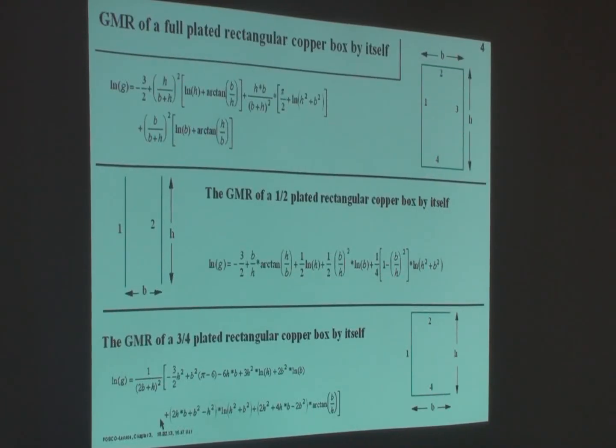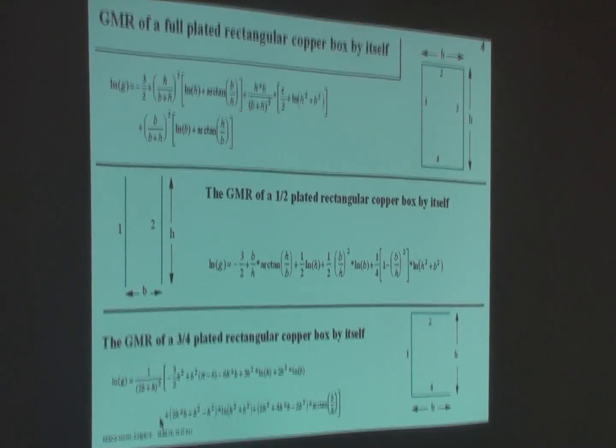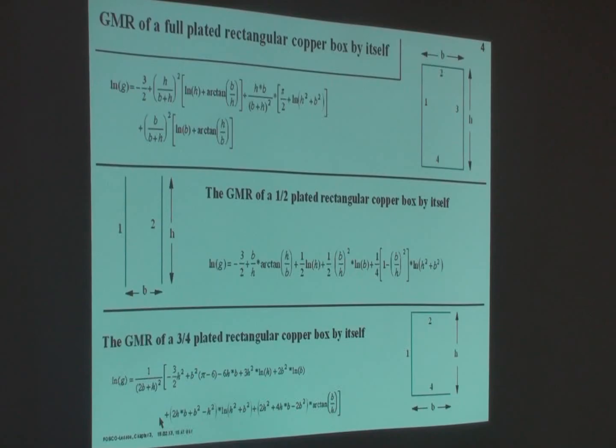So this was one part conductor to another part conductor, and if you have one, you can calculate the geometric mean radius of a copper-plated electrode arm by this formula.